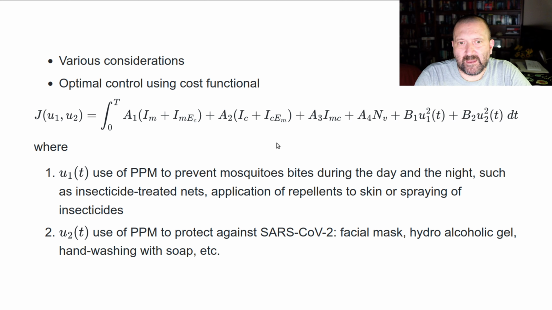Okay. And so what you end up doing when you're looking at an optimal control is that you write a cost functional, this J here, which integrates over an infinite or a finite time.